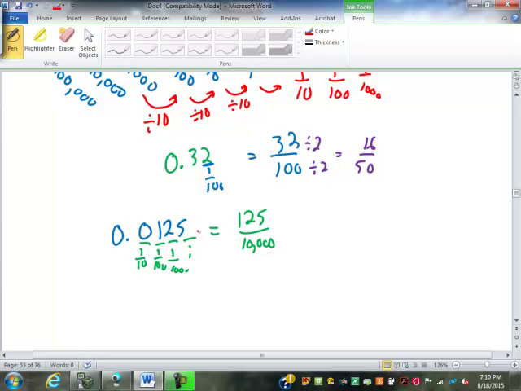A quick little trick: 1, 2, 3, 4 decimal places, 1, 2, 3, 4 zeros in our denominator. Both of those can be reduced by what? 5. Give me 25 over 2,000. Both of those can be divided by 5 again, but they can also be divided by 25. Gives us 1 over 80.